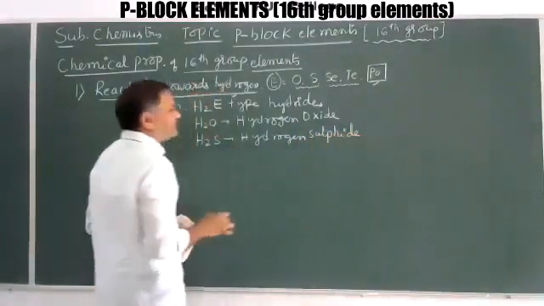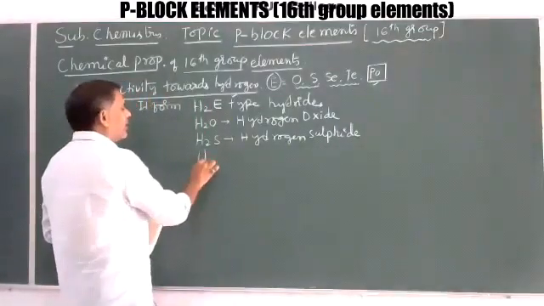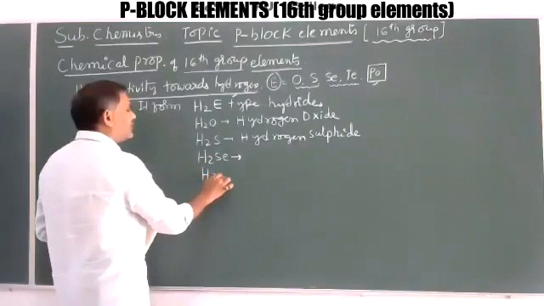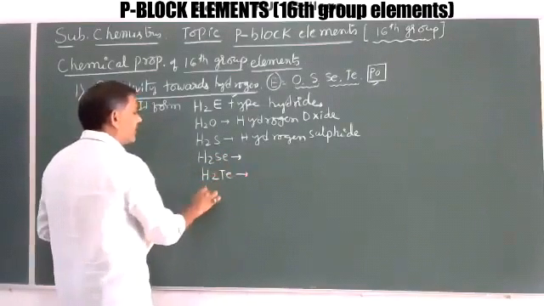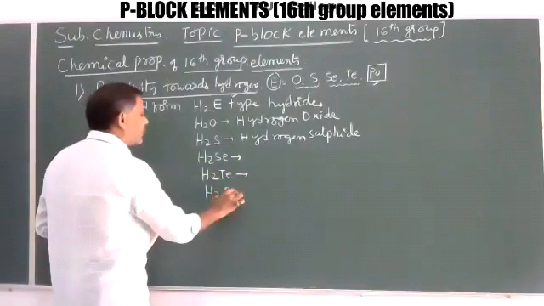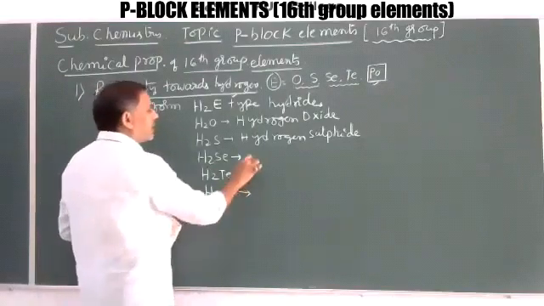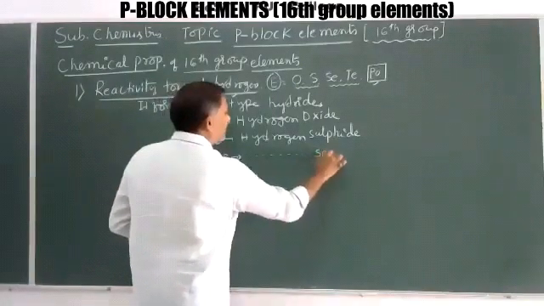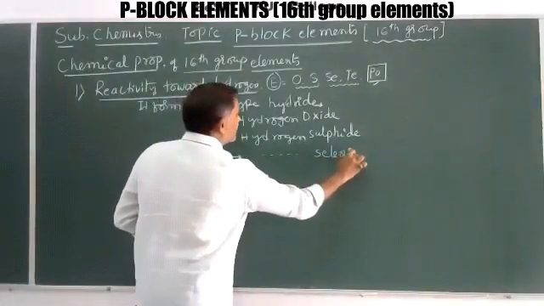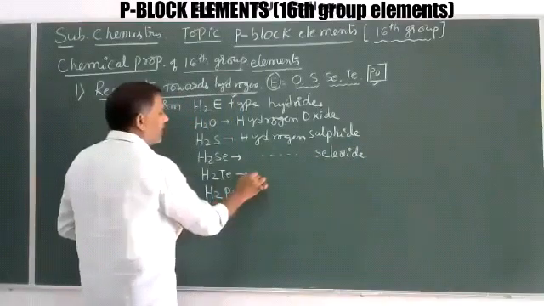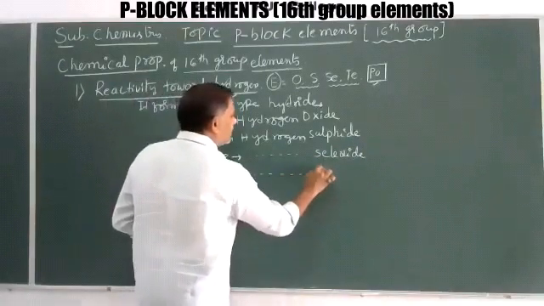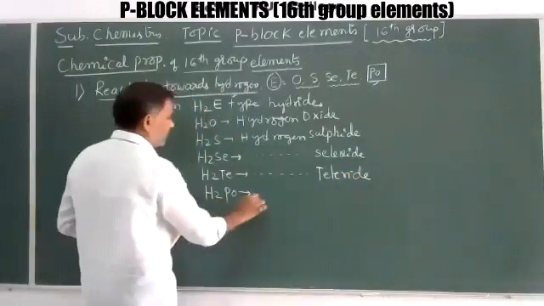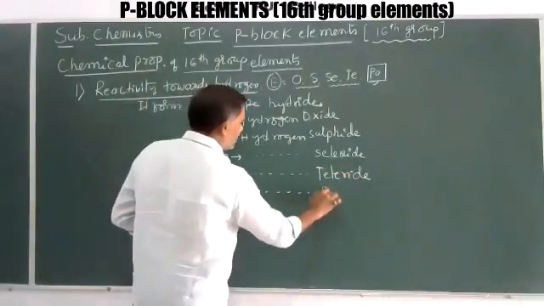Then H2Se, H2Te and H2Po: these are hydrogen selenide, hydrogen telluride, and hydrogen polonide.